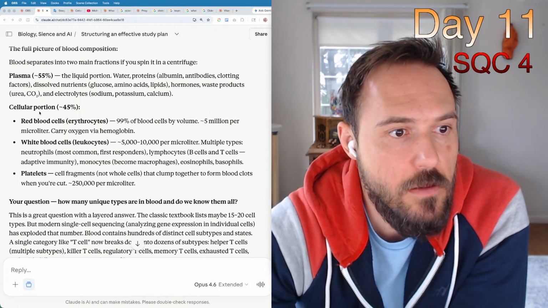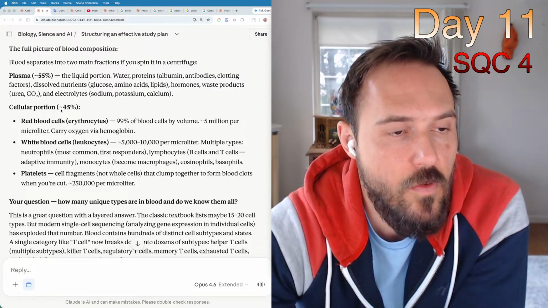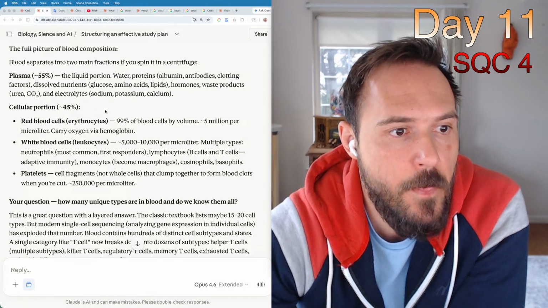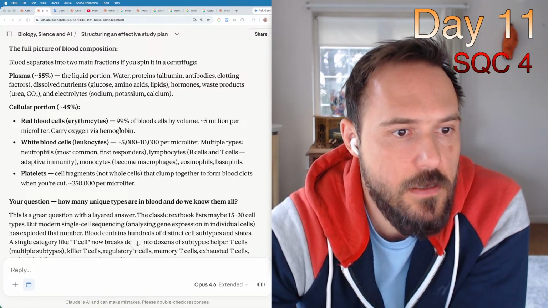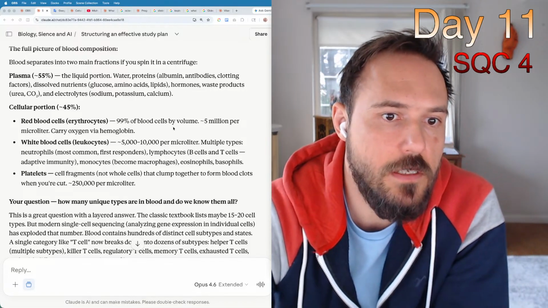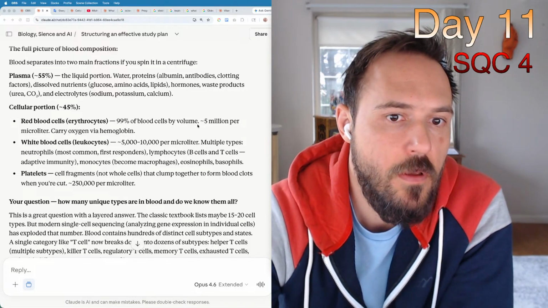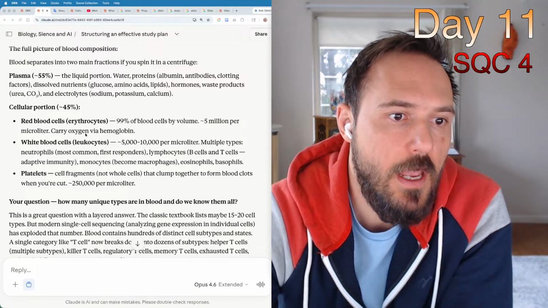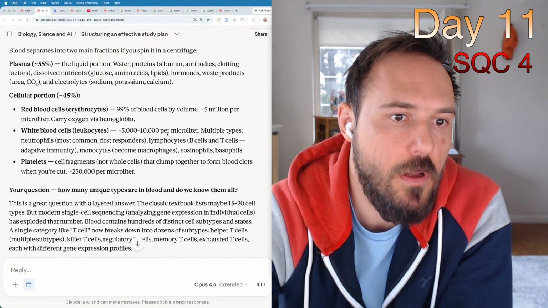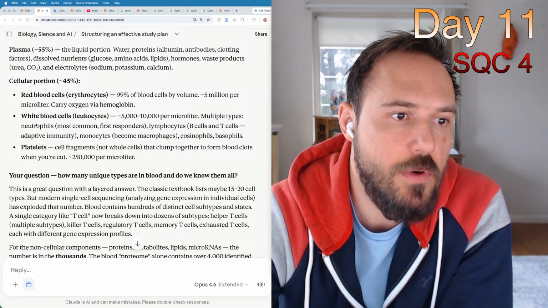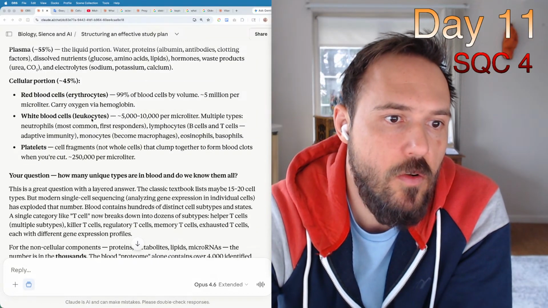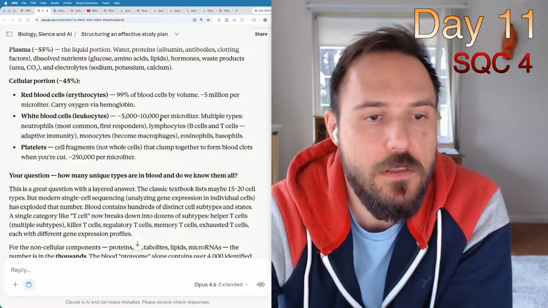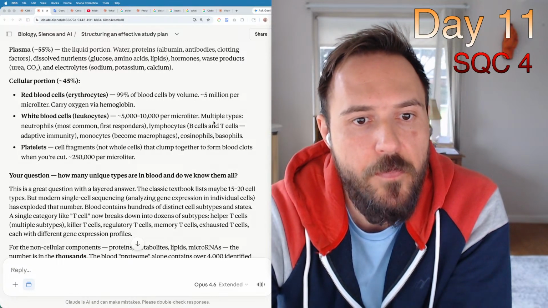And then cellular portion, 45%. Red blood cells, erythrocytes, 95% of blood cells by volume. 5 million per microliter. Carry oxygen via hemoglobin. Hemoglobin is a protein. White blood cells, leukocytes, 5,000 to 10,000 per microliter.